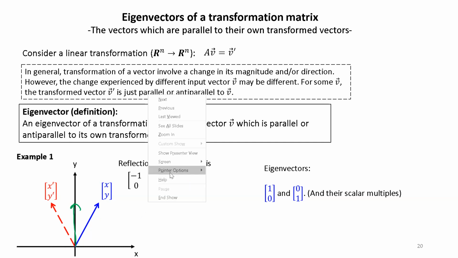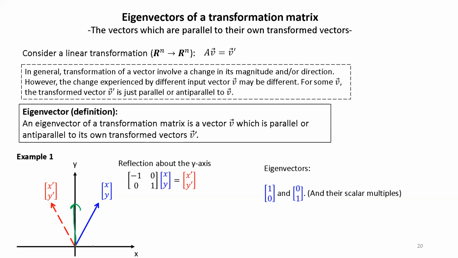Another eigenvector is the one that lies on the x-axis, this purple one. If I start with this purple one, after reflection it becomes a vector pointing in the negative x direction. The direction is changed, but it still stays on the same line, so the direction becomes exactly opposite. And that is also considered to be an eigenvector.